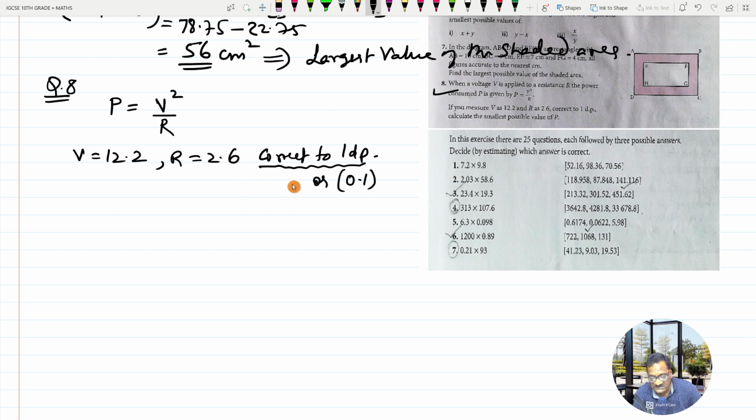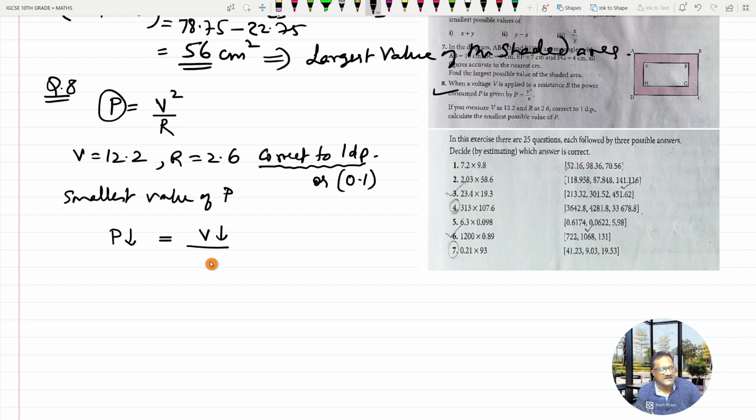Now they have asked you to calculate the smallest possible value of P. So they want this P value to be smallest. So for P to be minimum, your V should be what? It should be minimum, right? And your R should be minimum?